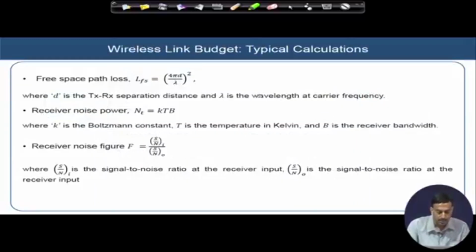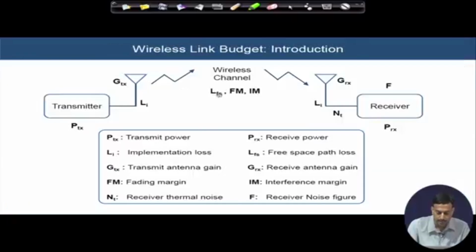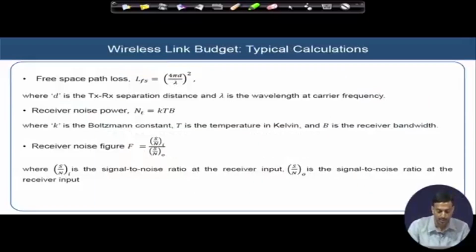As I mentioned, the free space path loss, which figures over here, which is basically the propagation loss that happens in a wireless channel, is expressed by what is called the popular free space transmission formula.